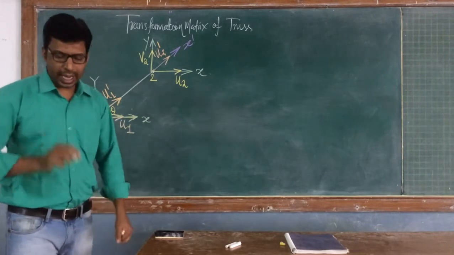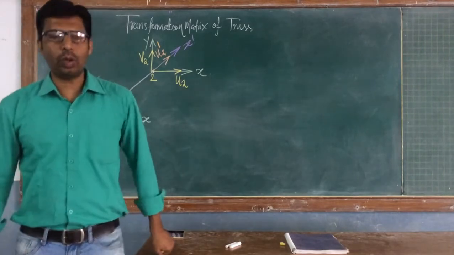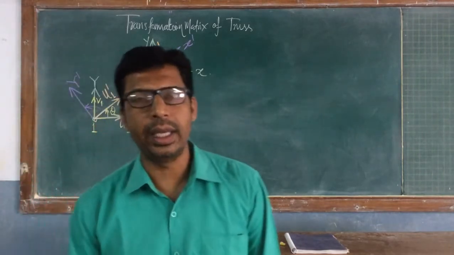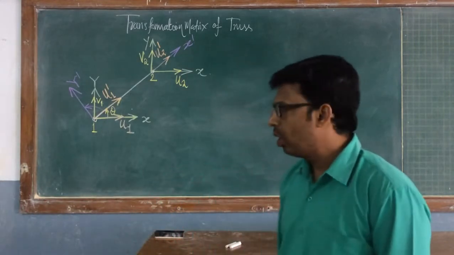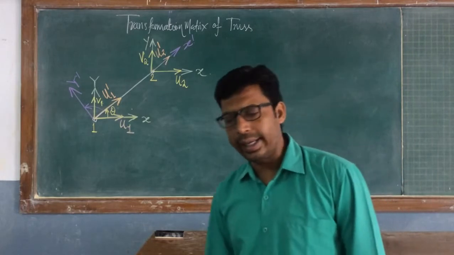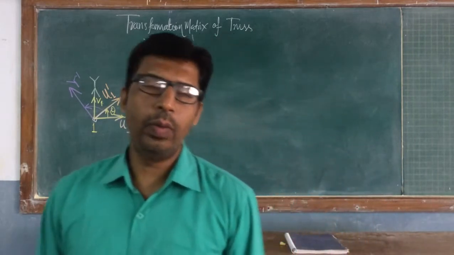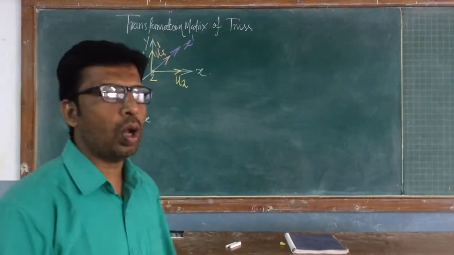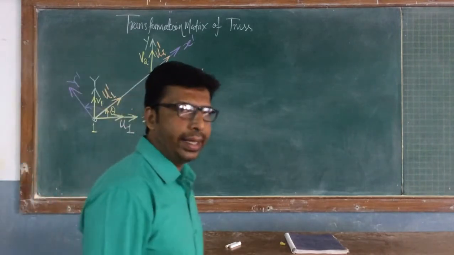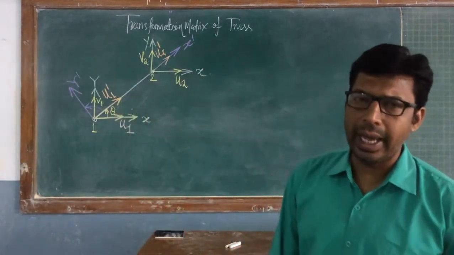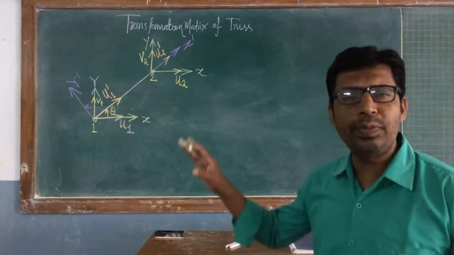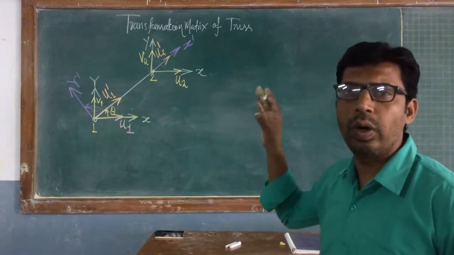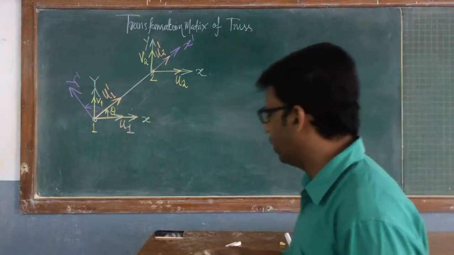If a question is asked in the examination on this article, the question may be: derive the transformation matrix of a truss element. For that question, when you are writing the answer, the very first part is you have to draw this figure representing the local and global axes as well as unknowns. It is better if you write down the meaning of all this.